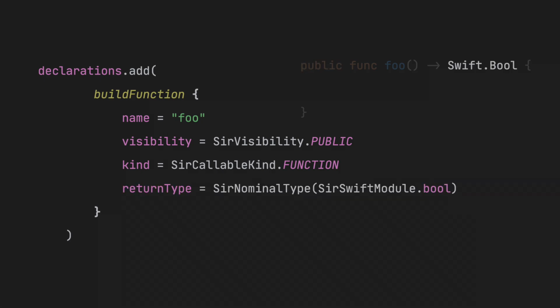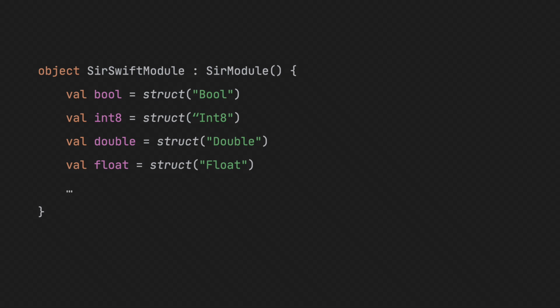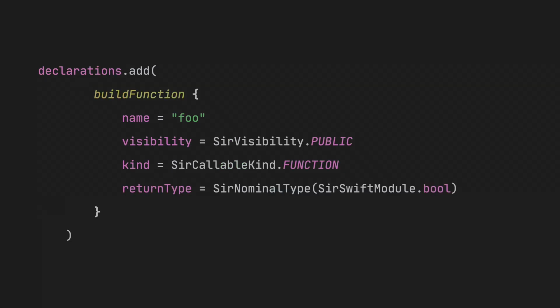Then we need to specify the return type, and the module provides us with different types of return types that we could use. Under the hood, this module contains structs for these different types, bool, int, double, or float, that we could reuse. So in this case, I have built a very simple example of an SIR function as part of this module.